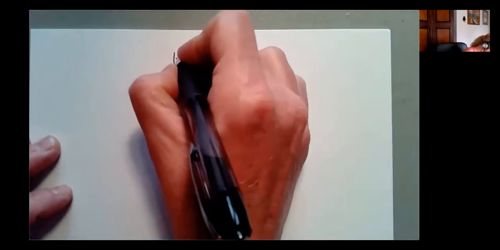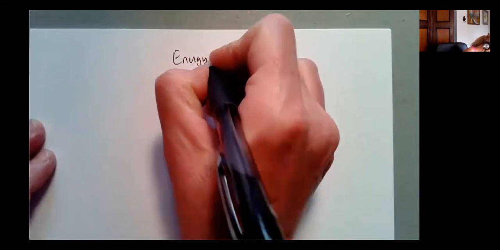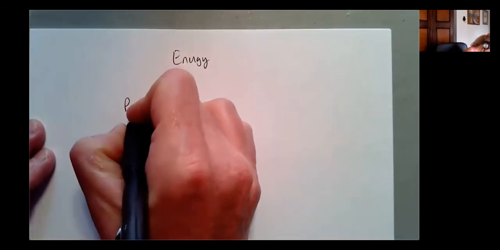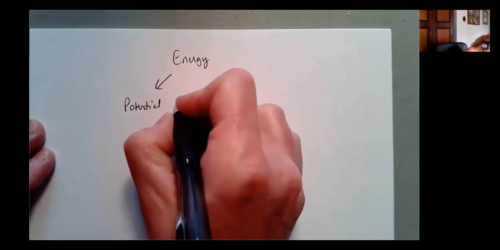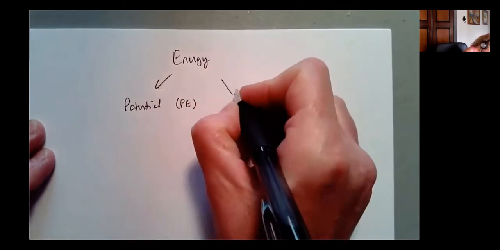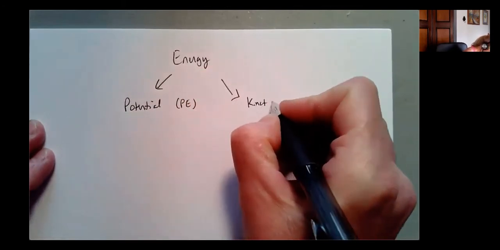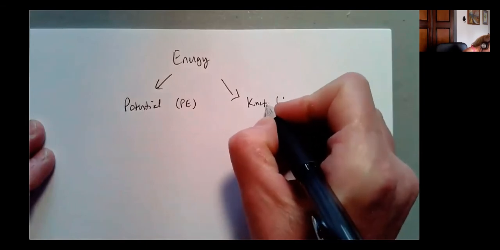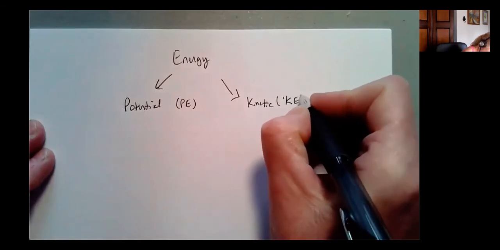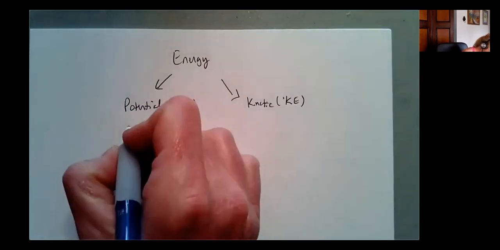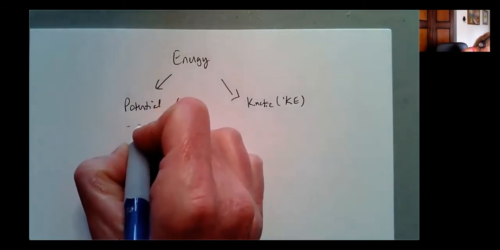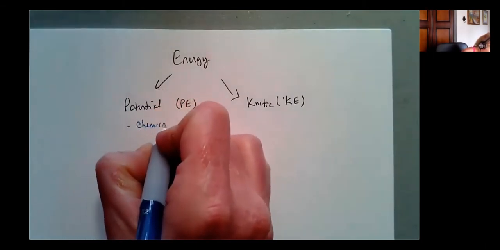Let's remember energy from so long ago. So energy, there's two main types. There's potential energy, PE, and there's kinetic energy, KE. Potential energy is energy that's driven from the chemical composition of something.